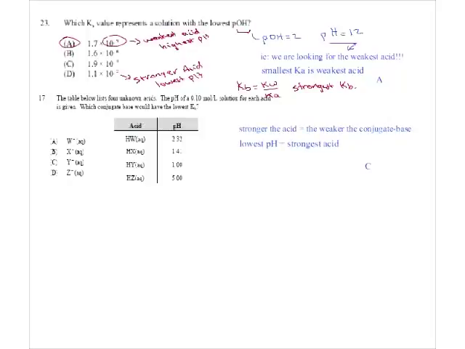So the strongest acid represents the weakest base. Okay, so whichever one has the lowest pH, that's the one that's making the most H3O+, and that's the one that's the strongest acid, so therefore that's going to be the weakest base, and the strongest acid is going to be HY right here because it has the lowest pH.